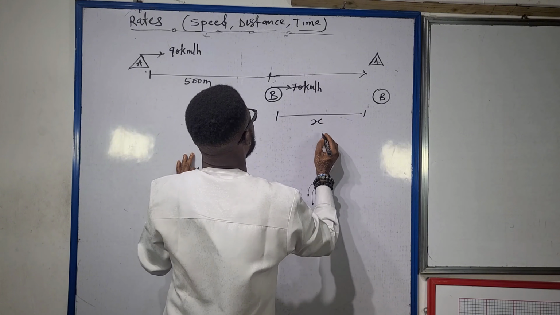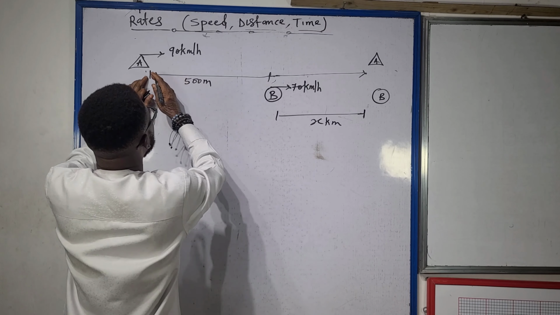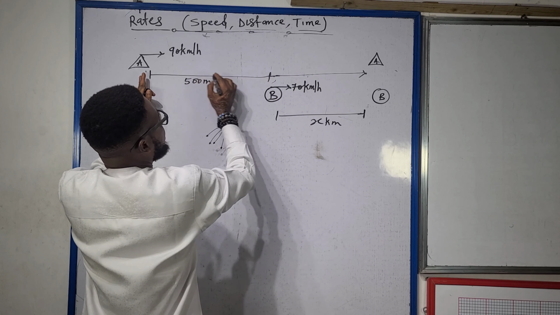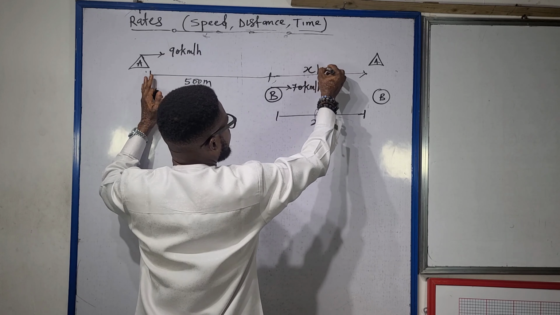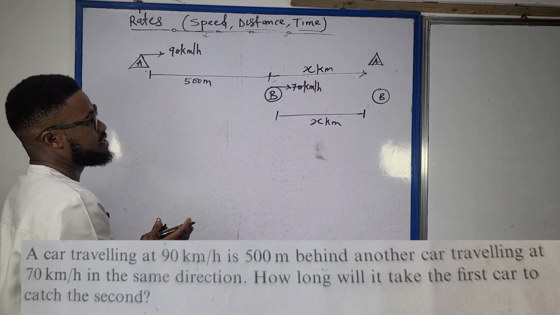That's X kilometers. And then car A will need to cover 500 meters and then cover the X kilometers before it catches up with car B. So that is the thinking behind it.